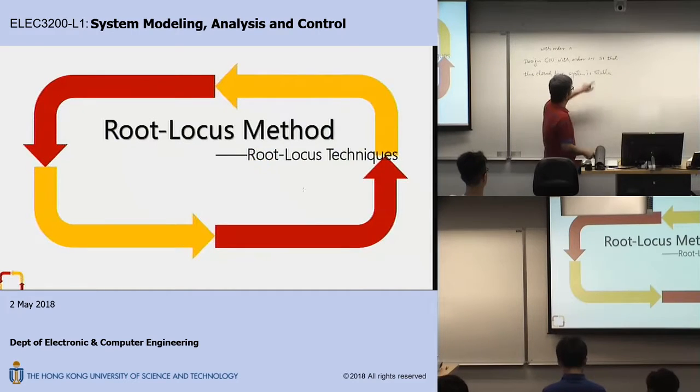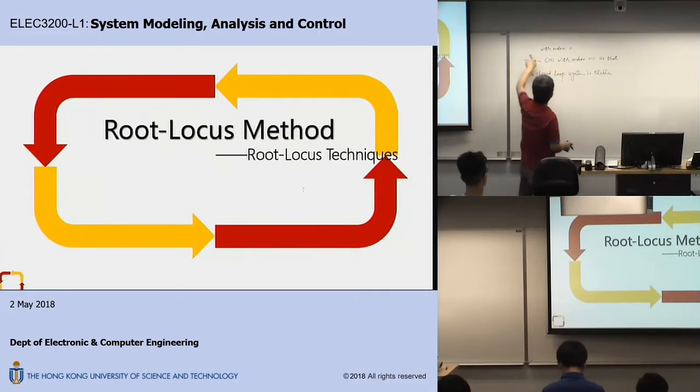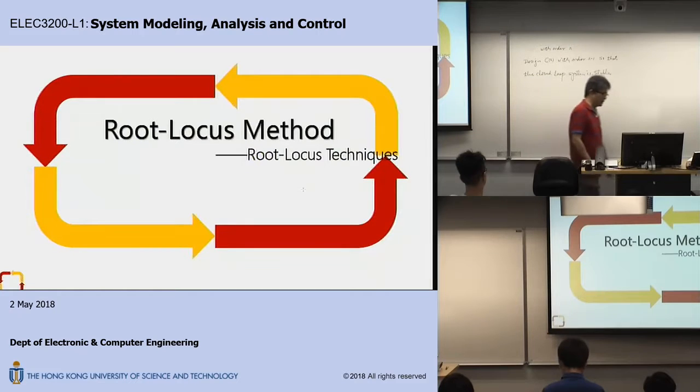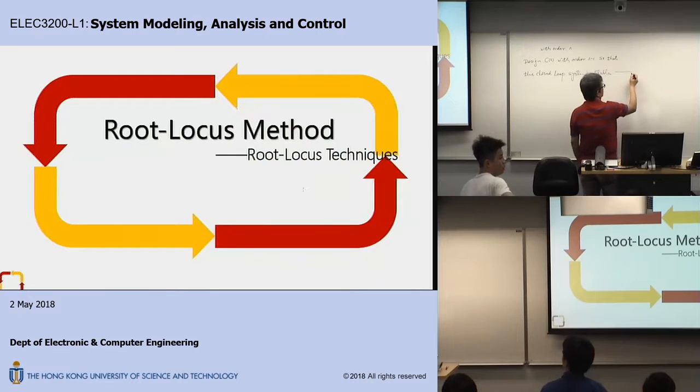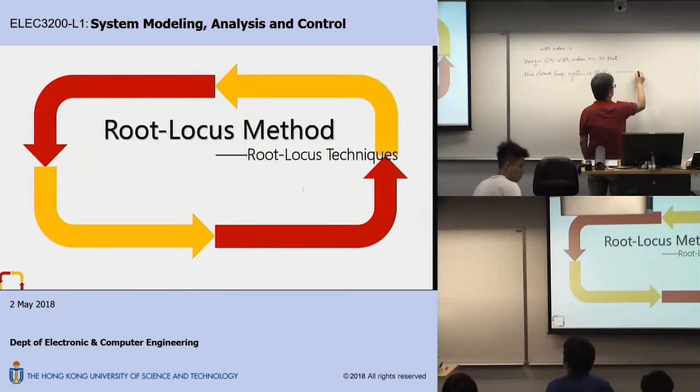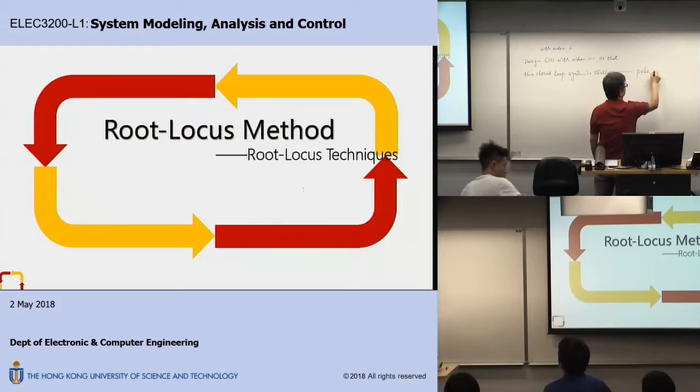But sometimes I just feel that this order for the controller might be too high. If this P(s) is fixed order, then you have to have a controller with fourth order in order to design the controller in this method, the pole placement method.